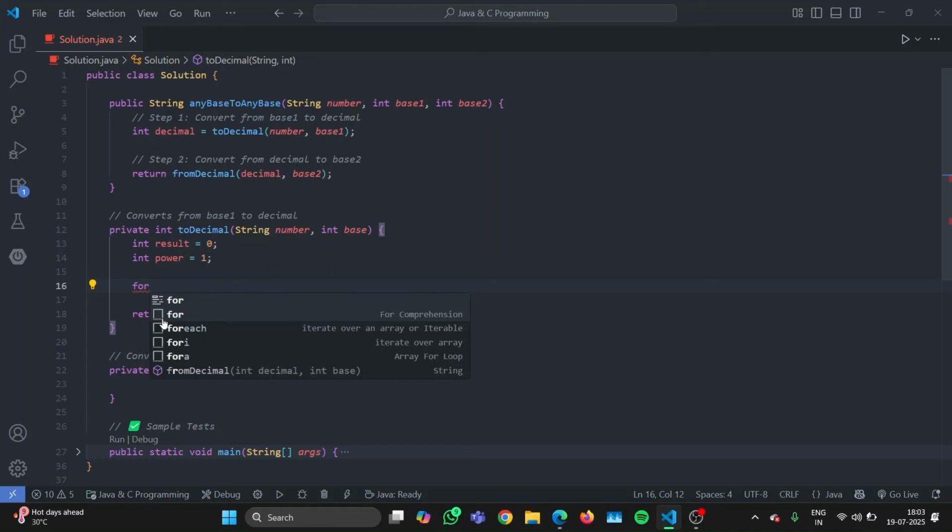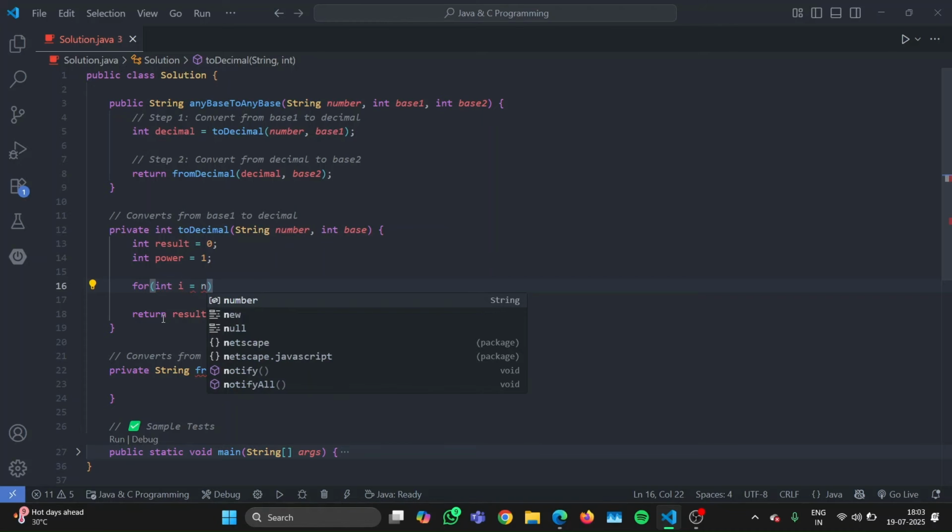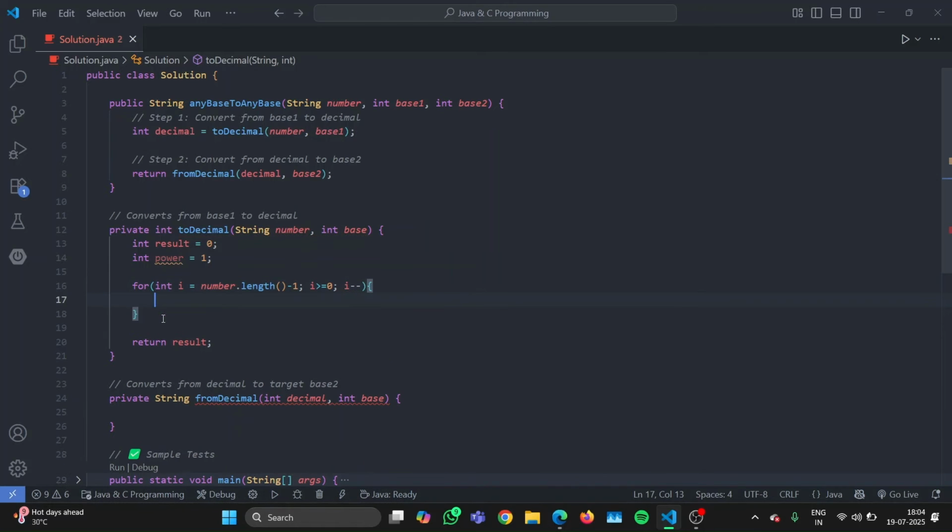So I hope you are getting my point. So we will start from int i is equal to number.length minus 1. So that will be the last index of the original number string that we have been given. Then we have to traverse till 0, until the very last digit we have to fetch. Then i minus minus, because we are going from right to left.